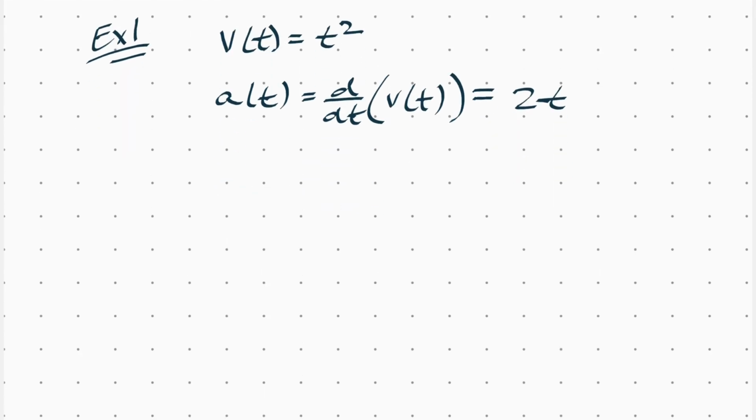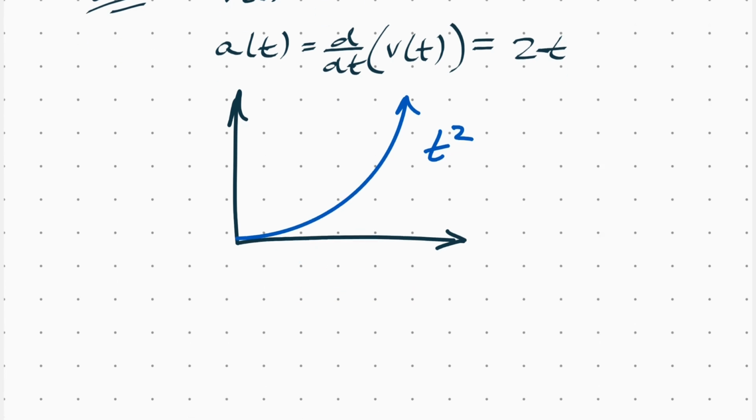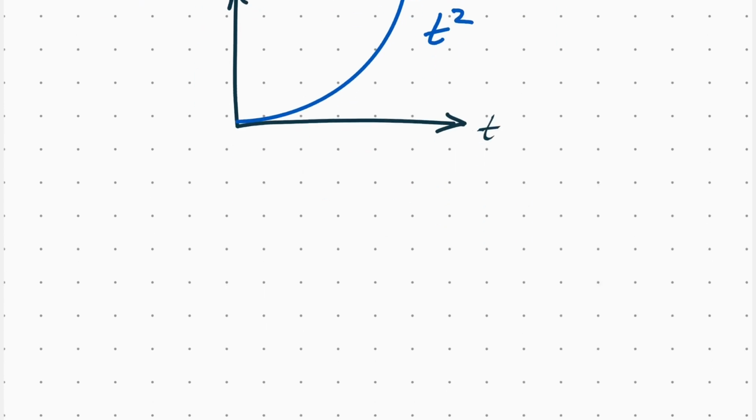And let's go ahead and graph these as well. I think that's going to be useful, but we're just going to do it qualitatively so that we can do it quickly. So t squared is going to be the right-hand side of a parabola. I could draw the left-hand side, but it's not really useful in physics most of the time, so we'll just restrict it to the right-hand side. That's v versus t there.